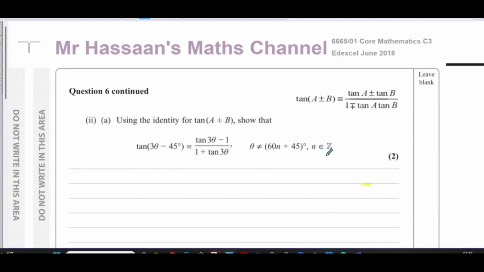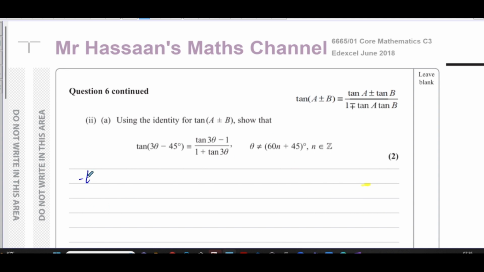Part two says, again using the identity for tan A plus minus B, which I've got over here, show that tan of 3 theta minus 45 can be written as tan 3 theta minus 1 over 1 plus tan 3 theta. So we're going to use the one which has a minus.